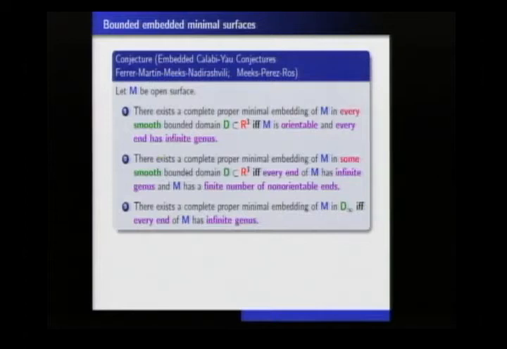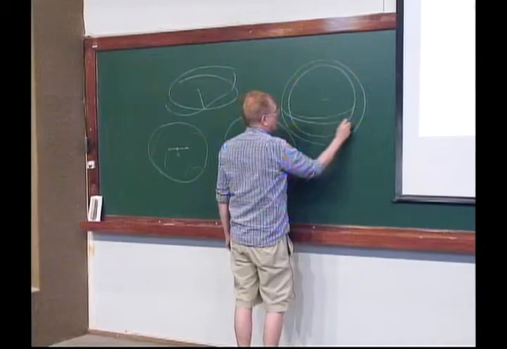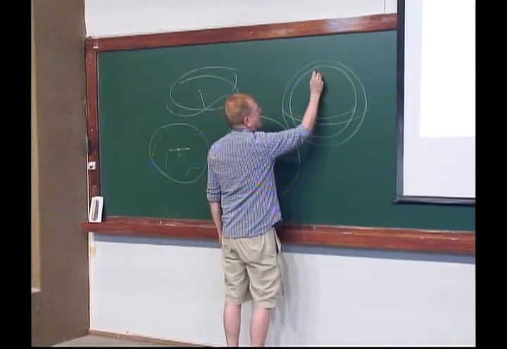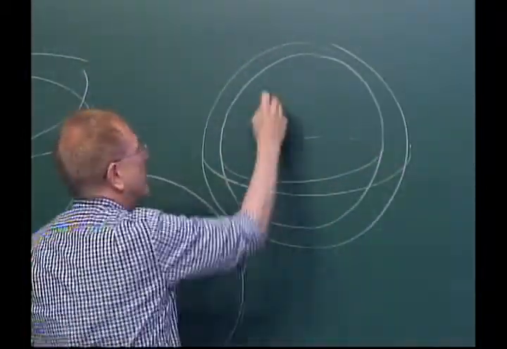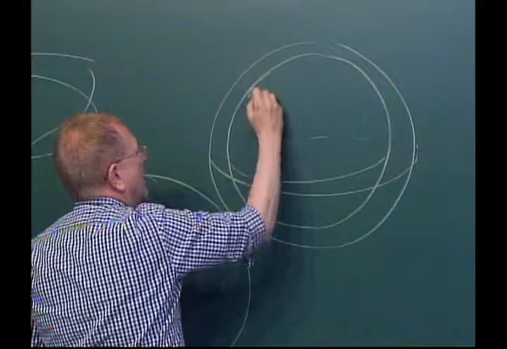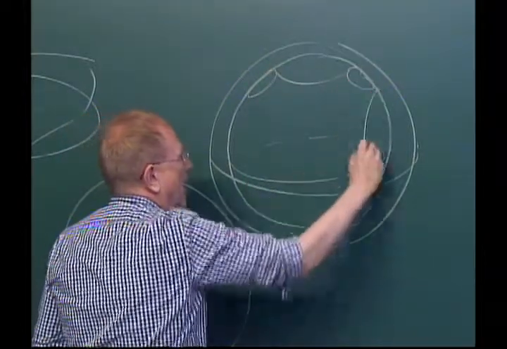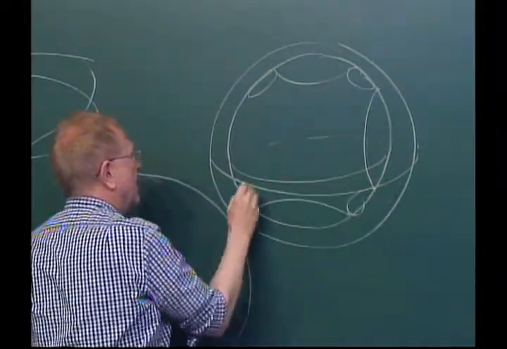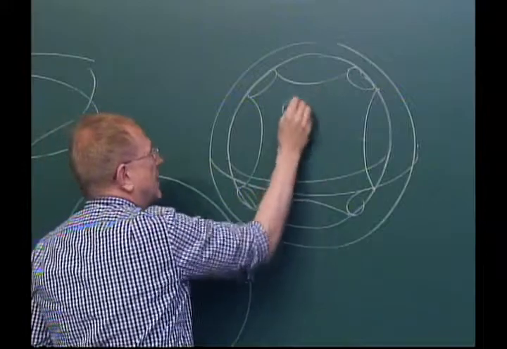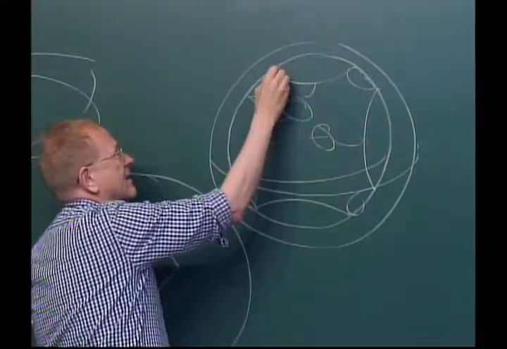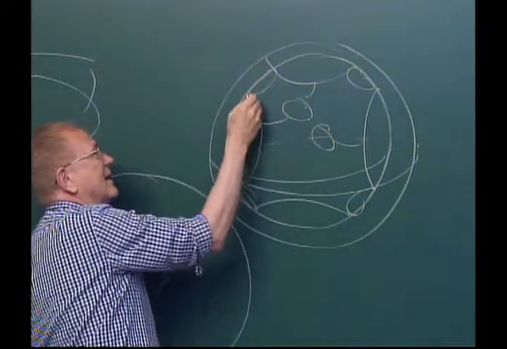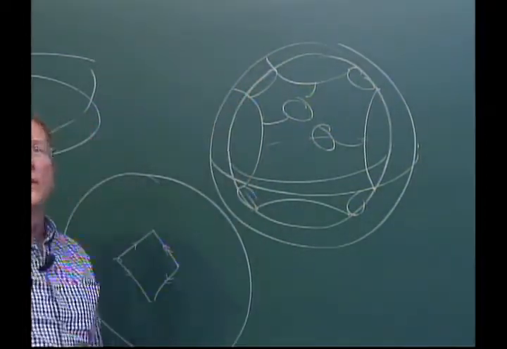Okay, so let's just do it in a ball picture. Suppose your original surface was a ball, and suppose at the end stage you're trying to produce compact surfaces here. Inside here I have a finite genus surface, and suppose you had an end which was a simple end of infinite genus.